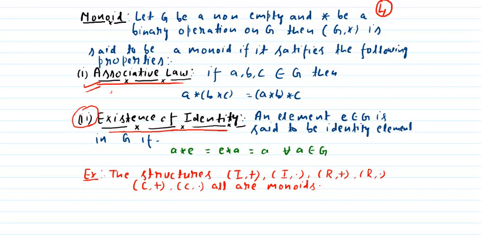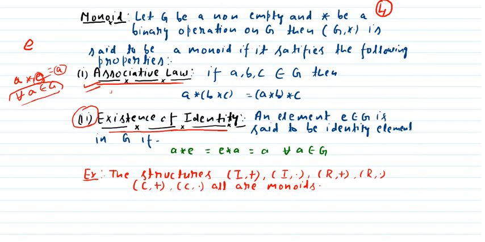Suppose A is any element and we apply E with A, then the output must be A, and it is true for all the elements. This will be true for all elements of the group. Then E will be called the identity element for G. Then E is called the identity element for that particular set.